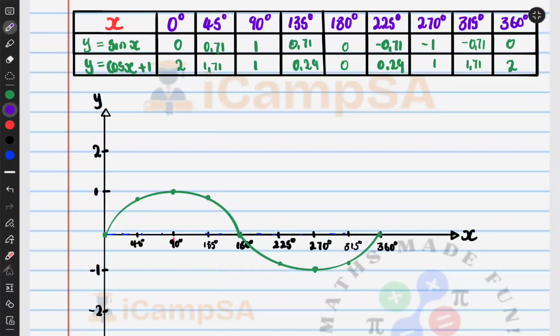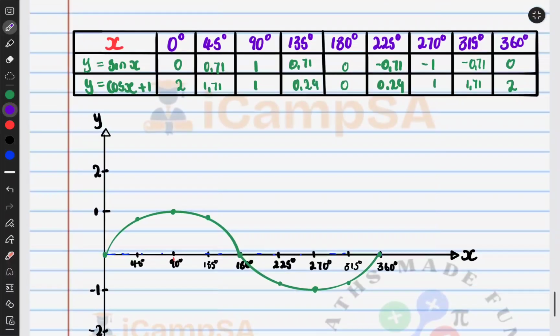Let's draw the other one for cosine. At 0 we have 2. At 45 we have 1.71, somewhere there. At 90 we have 1.